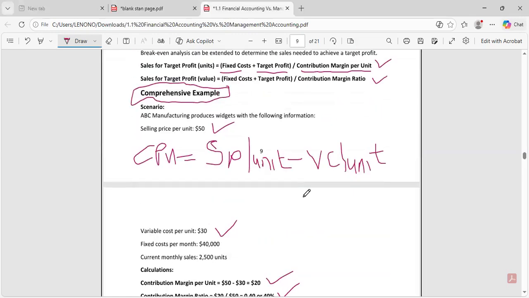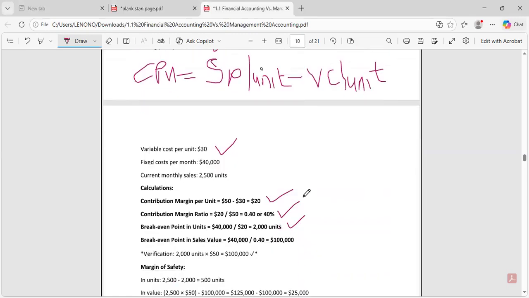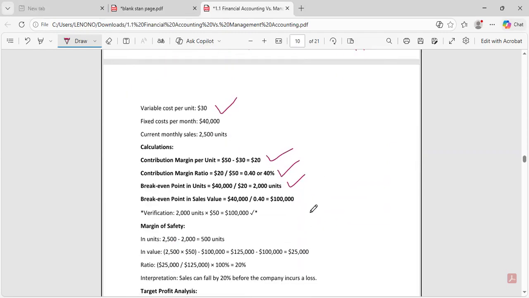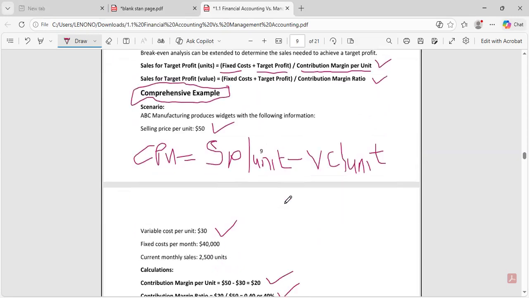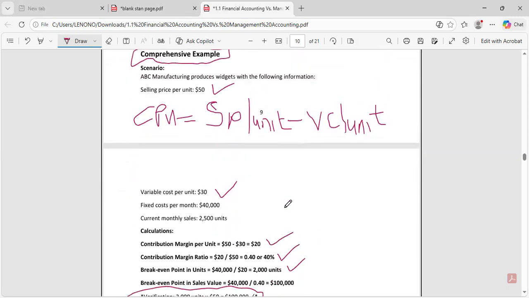It's as good as saying break-even point in value can also be 2,000 units multiplied by 50, the selling price per unit, which is 100,000.